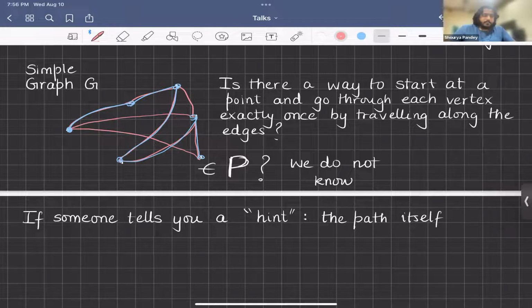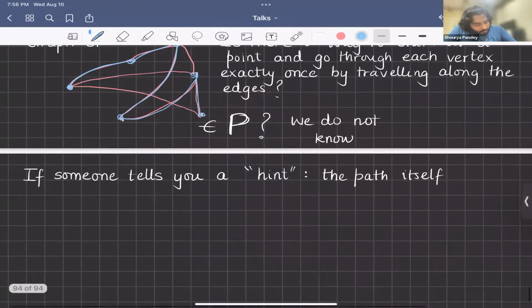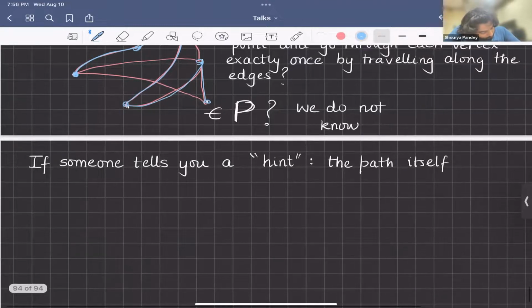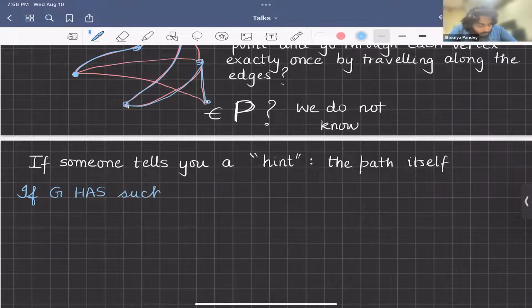If there is indeed a path in this graph and someone gives you the path, then it's easy to check if that is indeed a path, right? If G has such a path, this path is called a Hamiltonian path, by the way.